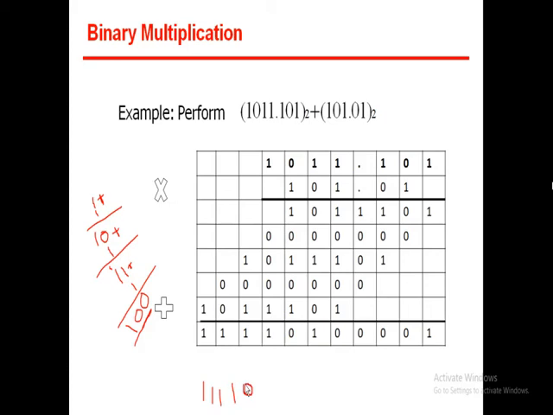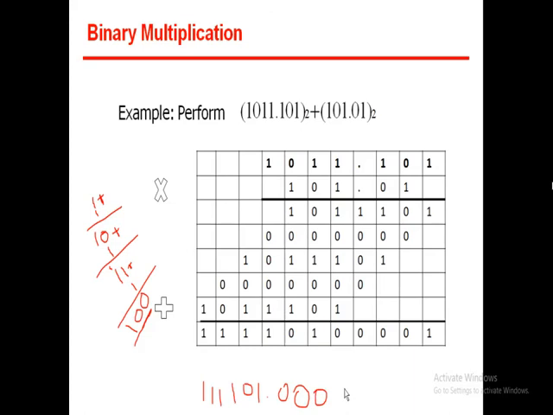Then the decimal point is put after how many numbers: 1 2 3 4 5. So the point, 1 1 1 1, so this will be the result.